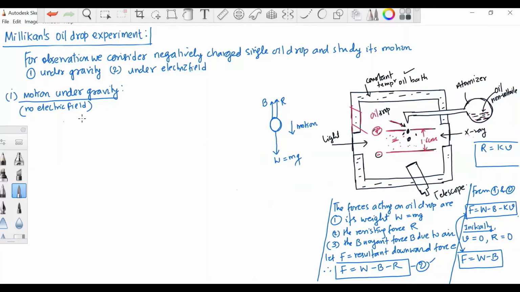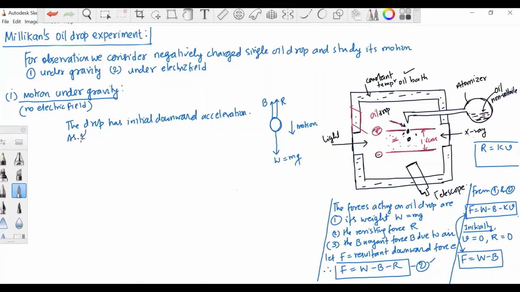Now, the drop has initial downward acceleration.